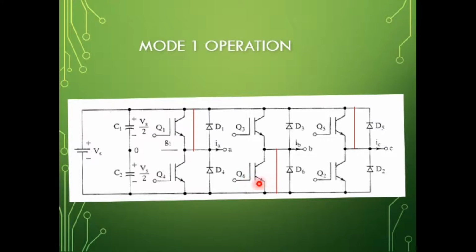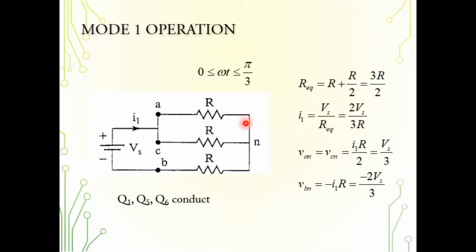When transistor 6 is conducting, terminal B connects to the negative of the supply. So VA and VC are positive, VB is negative. So our equivalent circuit for mode 1 operation, in the interval 0 to 60 degree, is: A and C terminals connected to the positive of the supply, and terminal B connected to the negative of the supply.